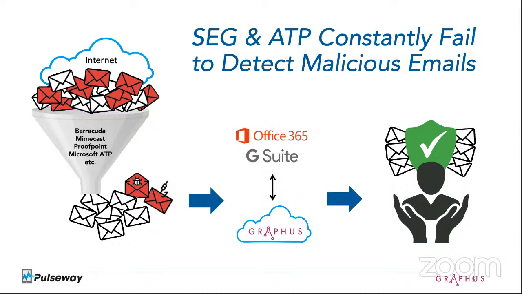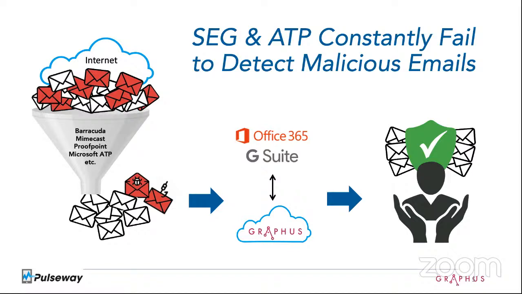The important thing to observe here is that Graphus is unlike other email security controls, which are upstream to the email servers. Things like Barracuda, Mimecast, Proofpoint, Bitdefender, Microsoft ATP, etc. They first receive the email, they do their job in terms of finding spam, filtering it, and other threats, and then they pass it on to the email server.